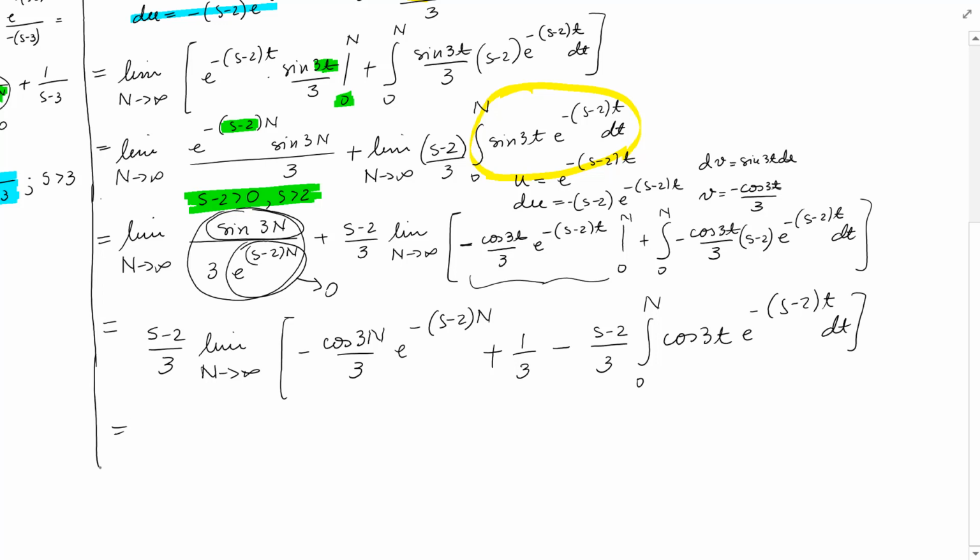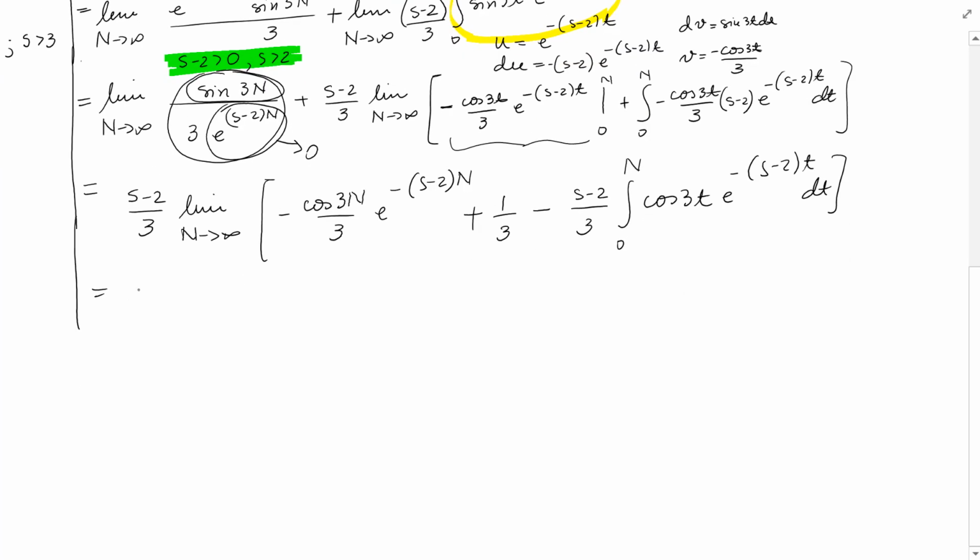So let's arrange it a bit more. So s minus 2 over 3. Now this quantity here can again be moved to the denominator. So that's going to go to infinity, as again s is greater than 2. The numerator is cosine of 3n, so that is again a finite number between negative 1 and 1. So this whole quantity that I highlighted in yellow is going to approach 0.